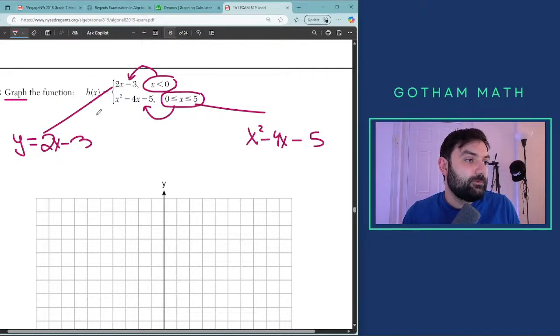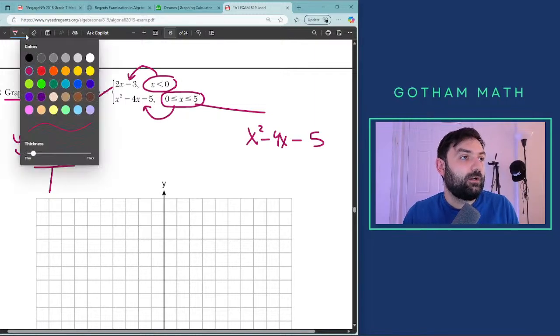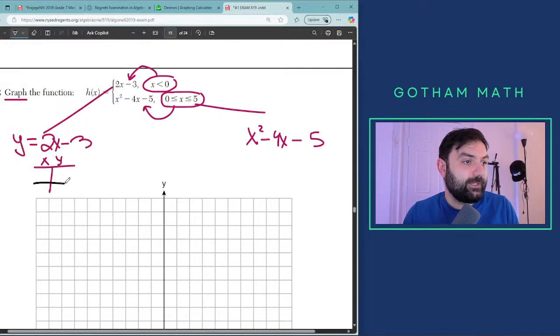Okay, so what are we going to do? How do we graph that? The best way to graph a piecewise function is to do a t-table, right? And the first thing that I want you to plug in is the boundary, the 0. If you plug in 0 for the x, you get 2 times 0 minus 3, which is going to be negative 3.